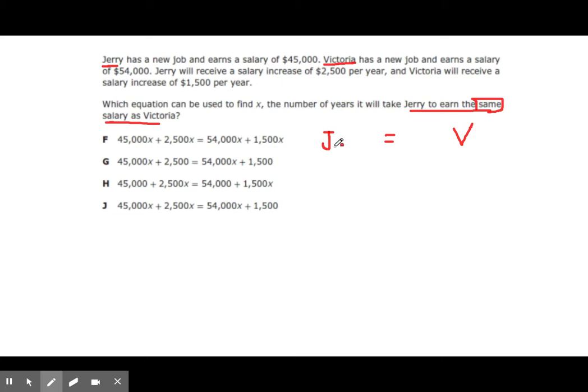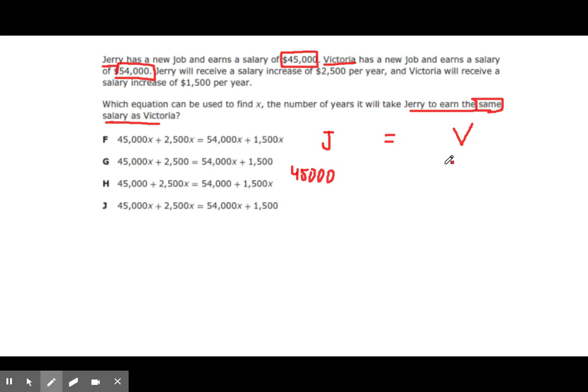So now let's fill in what we know about Jerry. Well, Jerry, he has a job that earns $45,000, okay? So we know Jerry earns $45,000. Victoria has a new job and earns a salary of $54,000.